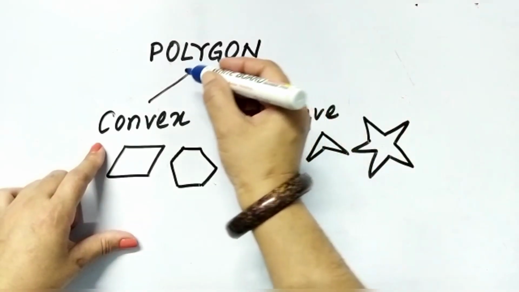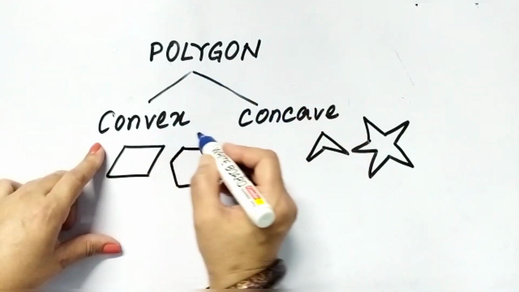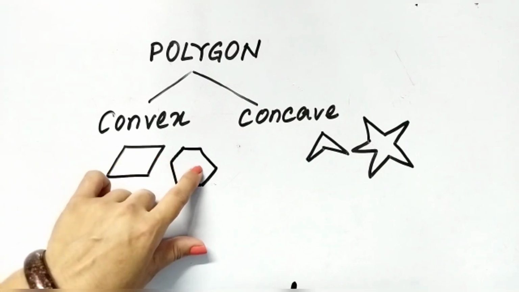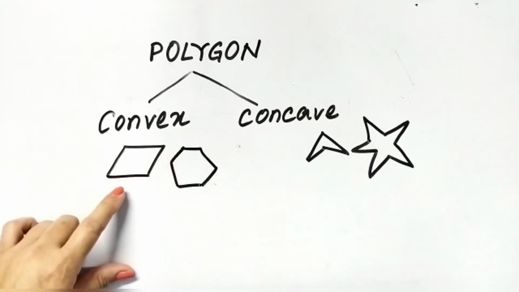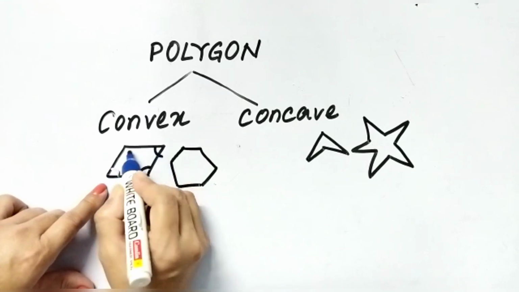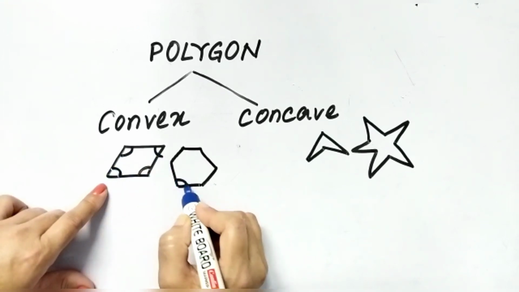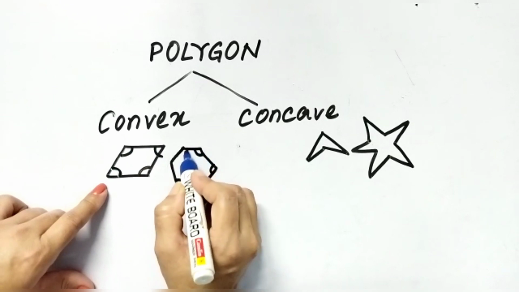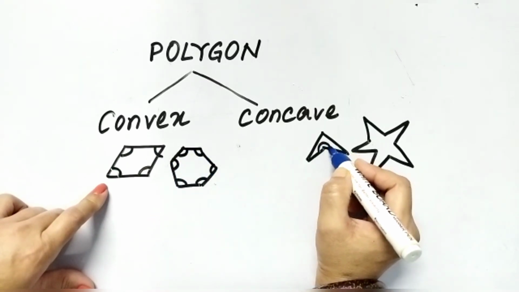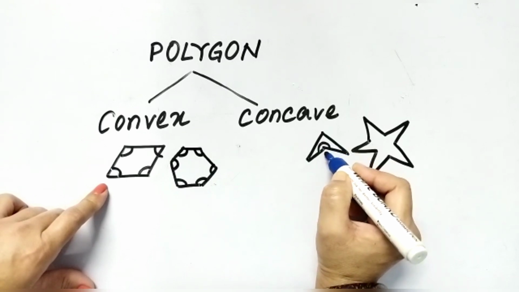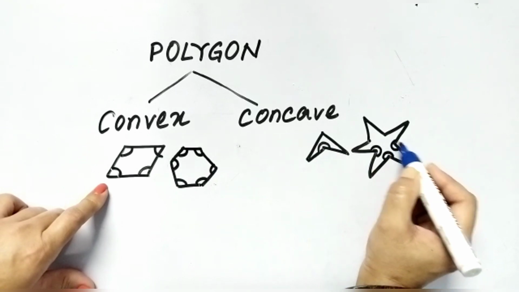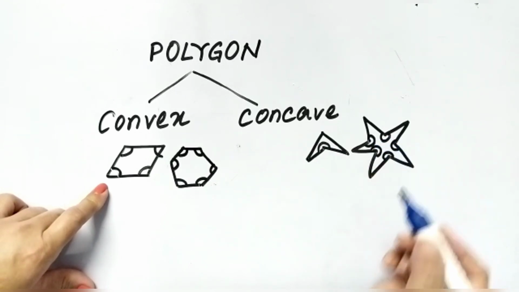Now let's discuss the different types of polygon: convex polygon and concave polygon. These are the convex polygons. Why are these convex? Because here each interior angle is less than 180 degrees. But here one of the interior angles is more than 180 degrees. Here these angles are more than 180 degrees. That is one reason.